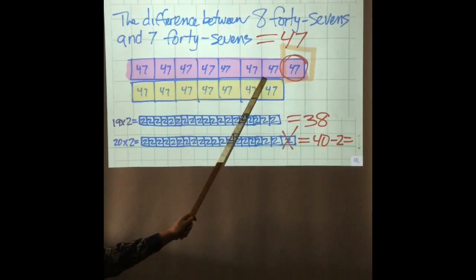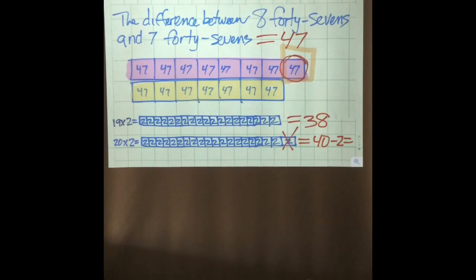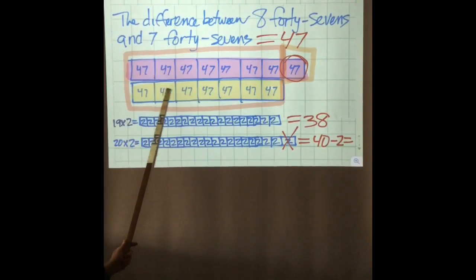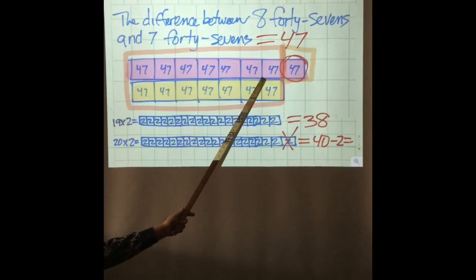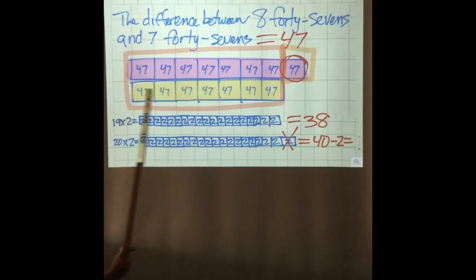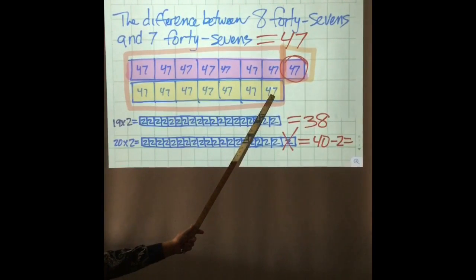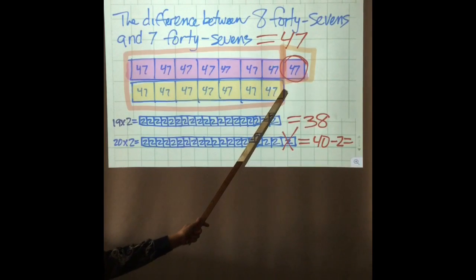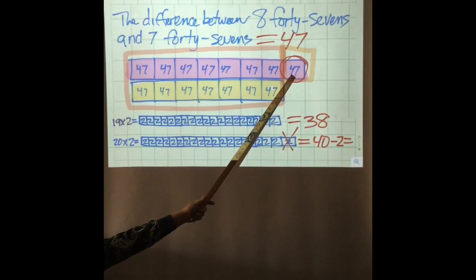What's the difference? Well, you'd say, difference, what is that? Well, we know what the same is. We can always find what's the same about things, can't we? So as you can tell, these 47s are all the same, aren't they? We have 7 47s up here. We have 7 47s down here. The only difference, there's our word, is the 47.